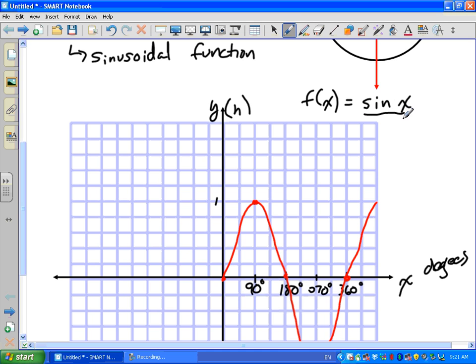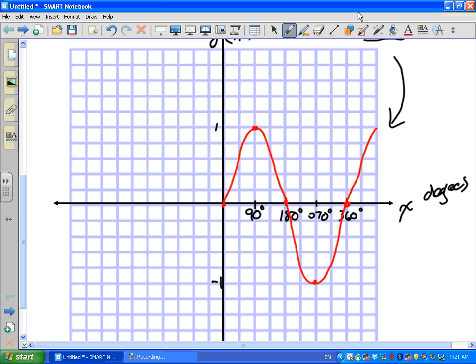That function right there, sine x, is represented like this on the graph. Consider this our theoretical model. As we go into tomorrow, we'll talk about translating and transforming this, moving this around the graph. Now, the period of a sine function. Can anyone tell me how long the period of a sine function is?